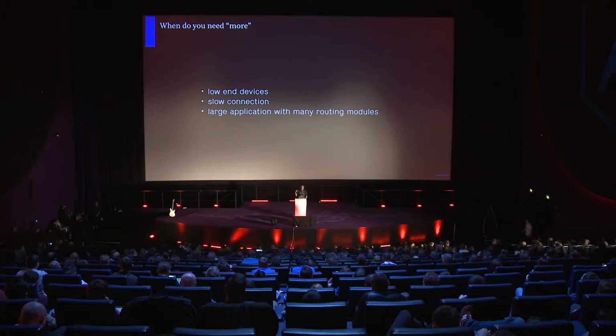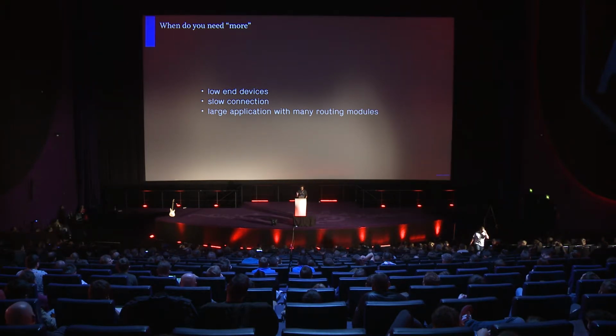That means if you have an application with dozens and dozens of routes and modules, you might want to look into that just to make it a little bit easier for yourself and your users. Or, of course, a combination of all three of them. So, slow connection. Wouldn't it be easy and really great if there were an API in your browser that tells you what internet connection you are on?